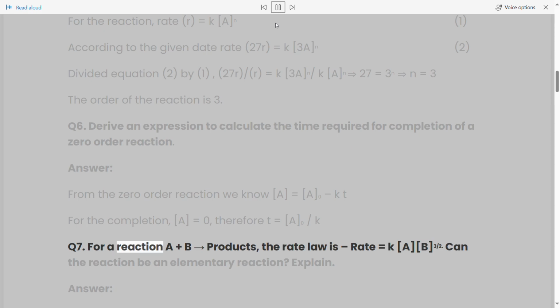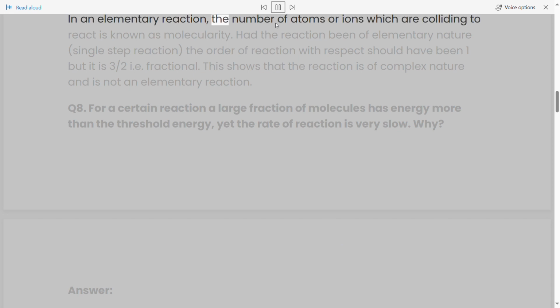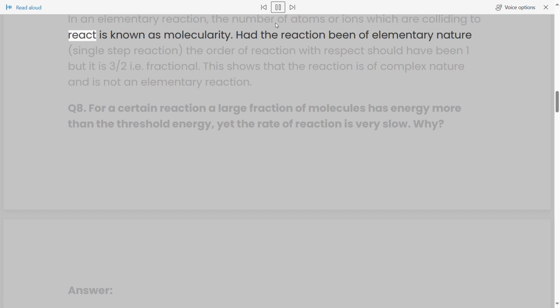Q7. For a reaction A plus B to products, the rate law is rate = k[A][B]^3/2. Can the reaction be an elementary reaction? Explain. Answer. In an elementary reaction, the number of atoms or ions which are colliding to react is known as molecularity.